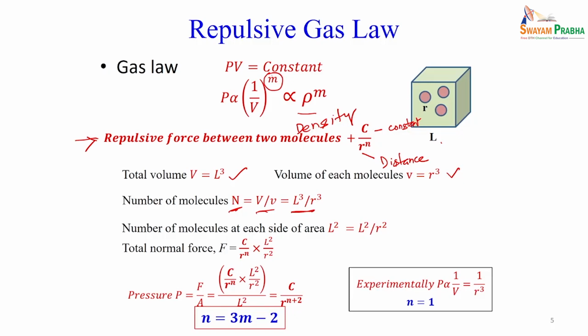So L cube upon r cube molecules are present in the system. Now if you are talking about the pressure, pressure is always applied on the area or one face of the system. The area of each side will be L square. So the number of molecules on one side will be L square upon r square.